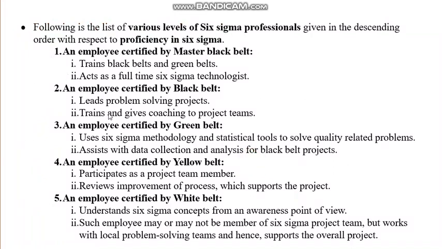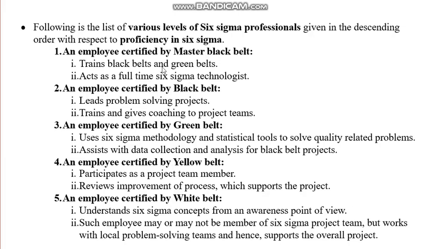You can see 5 levels. The first level, highest level, is certified as master black belt. Second is black belt. Third is green belt, then yellow belt, white belt. As in karate, kung fu, and other things, you have belts, black belt in karate. Like that, here also they are giving belts.